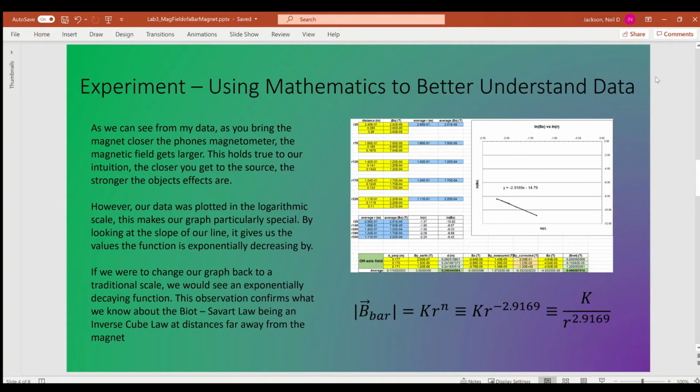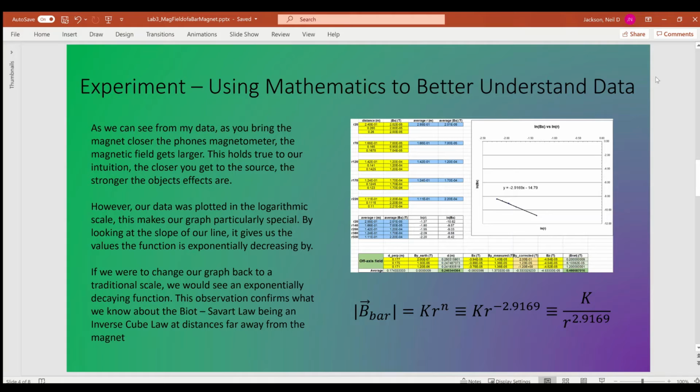After running the experiment and recording all the data in the Excel sheet provided to us, we get the following results. As we can see, as we bring the magnet closer to the magnetometer, the magnetic field gets larger. This is fairly obvious and fits with our intuition. The closer you are to the source, the stronger the effects are. However, our data was plotted in a logarithmic scale.